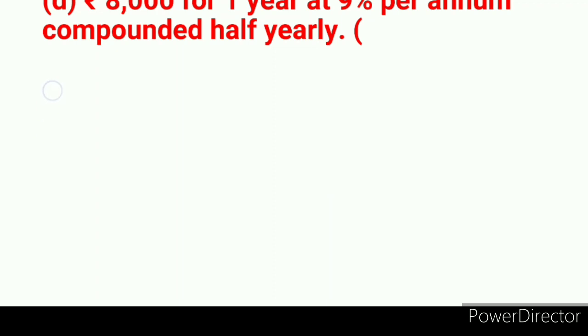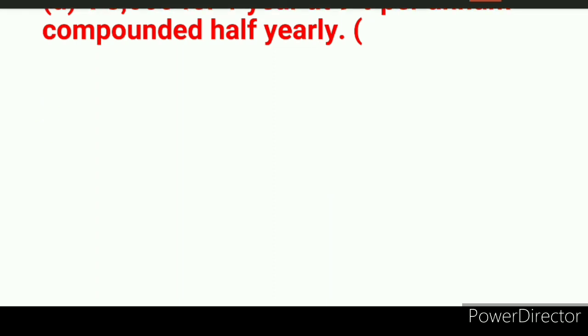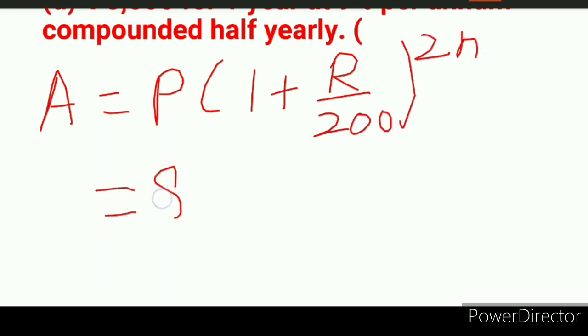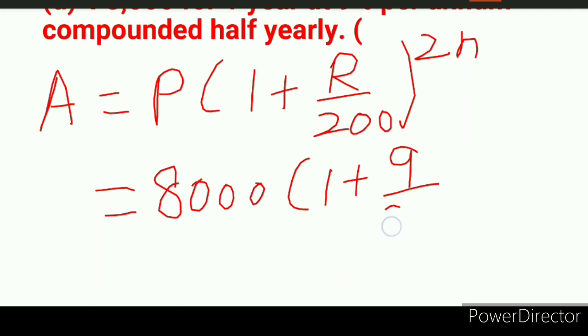What is the half yearly formula? Amount, A is equal to P into 1 plus R by 200 whole to the power 2n. Here 8000 is the principal into 1 plus R is 9 by 200 whole to the power 2 into 1.